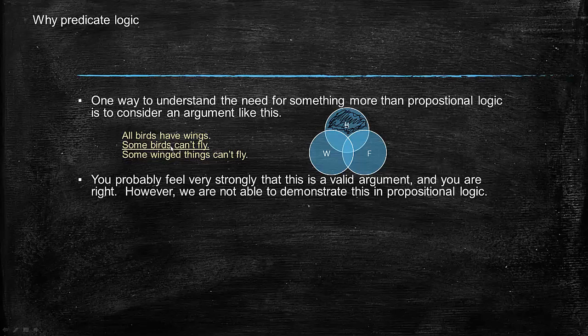Now, we're also told that some birds cannot fly, which means that there's at least one little birdie that is over here in the area of things with wings that are birds, but also can't fly. That's not in the flying circle. And so the conclusion is that some winged things can't fly.